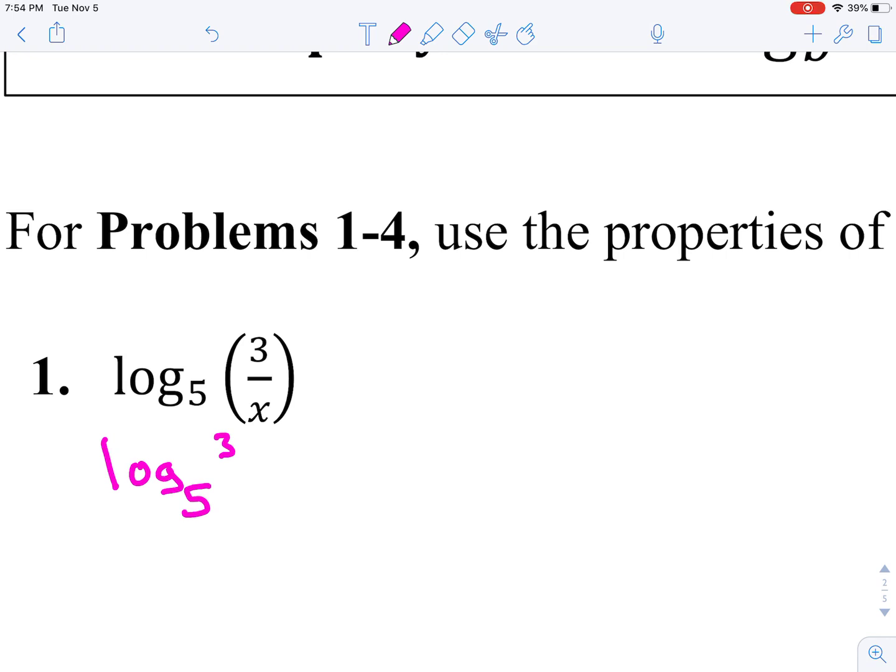So I'm going to have log base 5 of 3 minus, because it's division, log base 5 of x. Now at this point in the problem, I want to pause and see if there is really anything else that I can do at this time. We have expanded it. If this had an exact answer, log base 5 of 3, I would try and solve it. But when I start thinking about it, log base 5 of 3 does not have a nice answer, so I'm done.